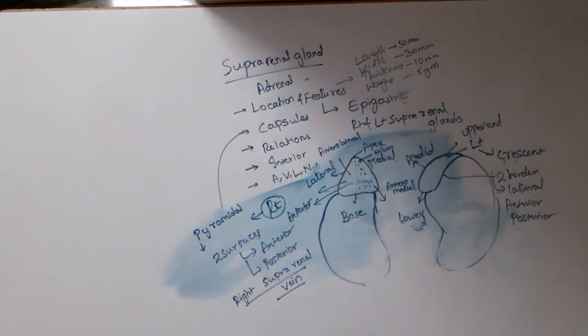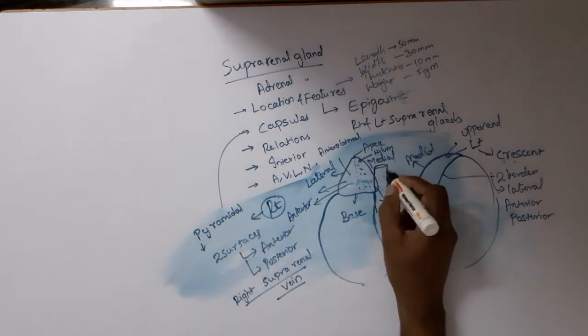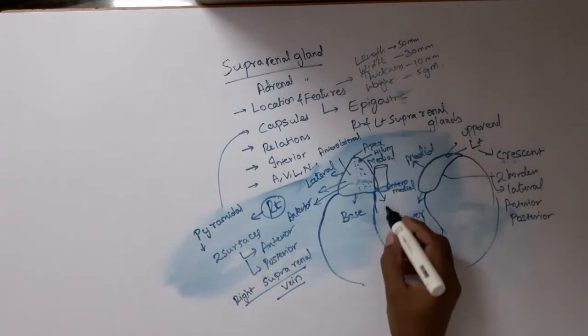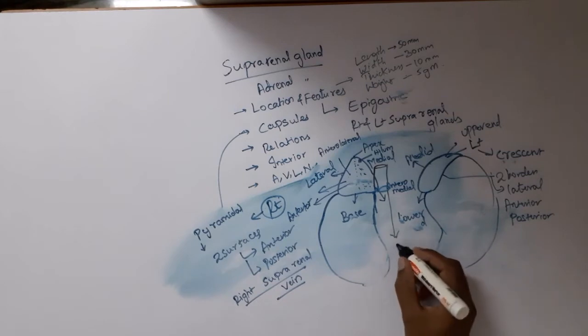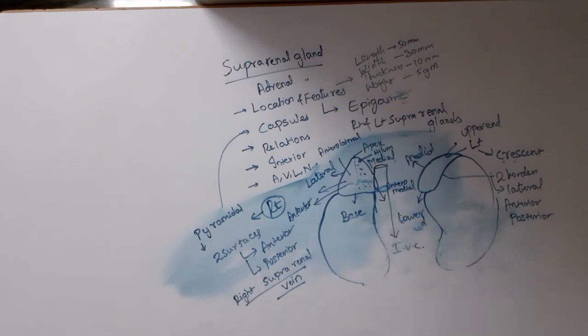So related with this anteromedial part of the right suprarenal gland, there is a vein. What is that? It is the inferior vena cava.